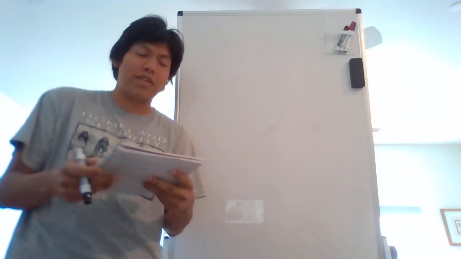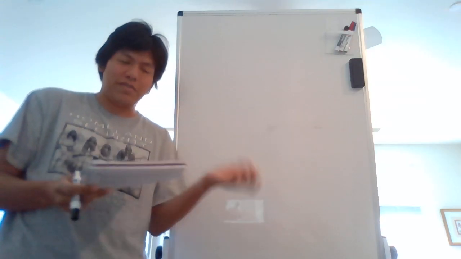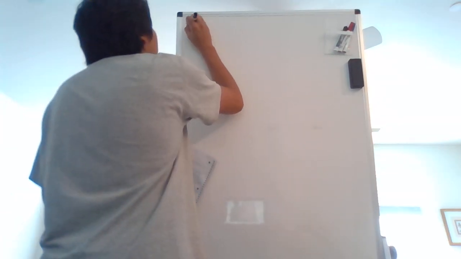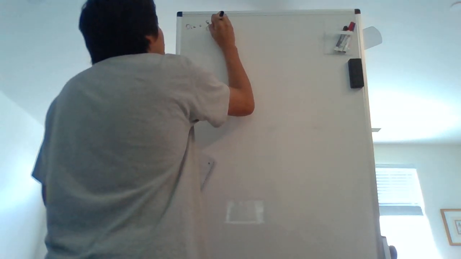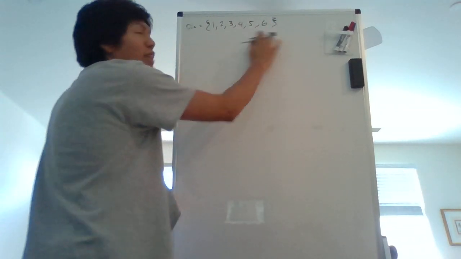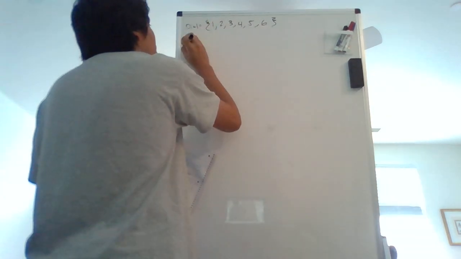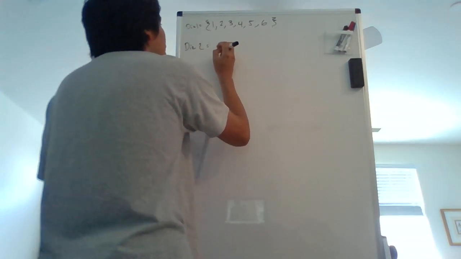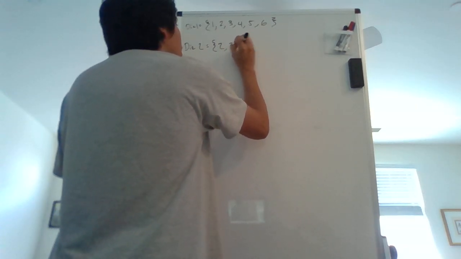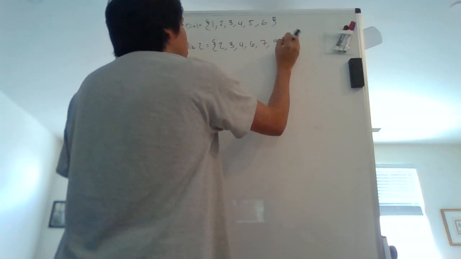All right. So the first problem is, let's assume we have two dice, a pair of dice. Die 1 is a standard die, so it's got the regular faces 1 through 6, and die 2 has the faces 2, 3, 4, 6, 7, and 9.